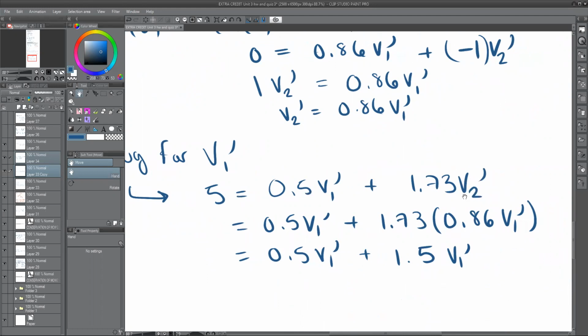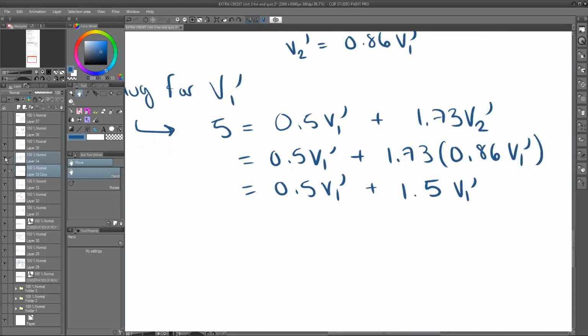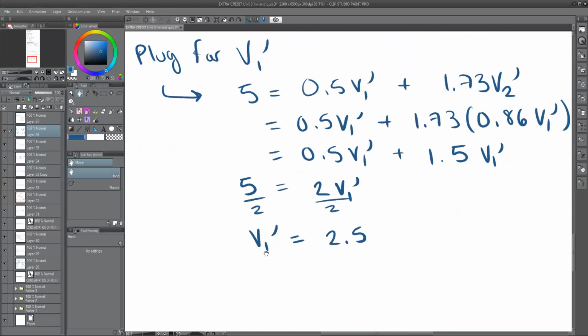We can substitute it so that everything is all one variable and we can solve for it. So when we plug in V2 final, we get this value, and then we just use some algebra to calculate for V1 final. So that means that V1 final is 2.5 meters per second.